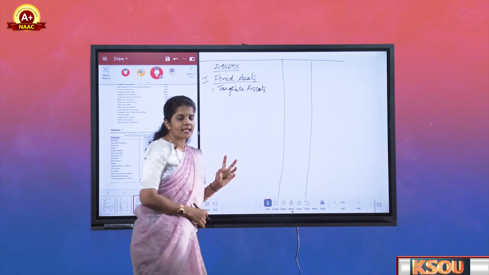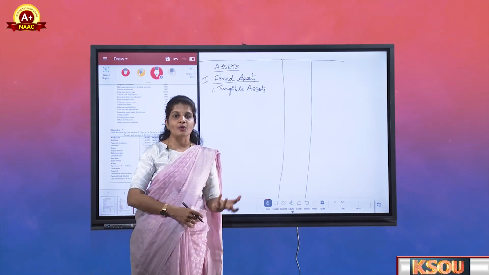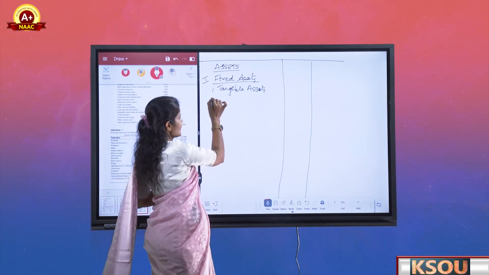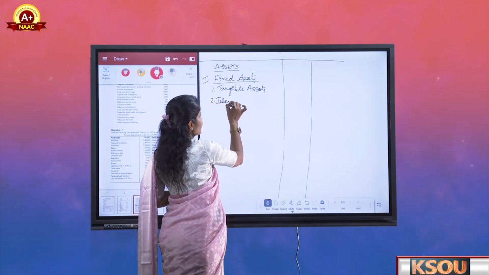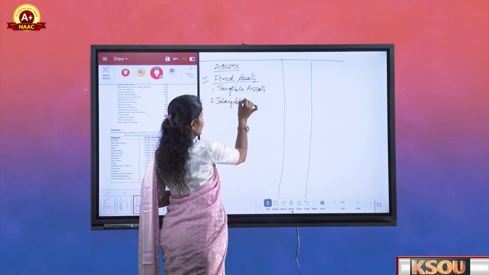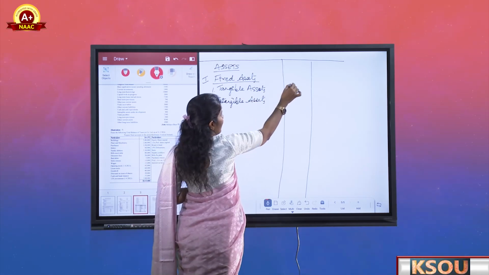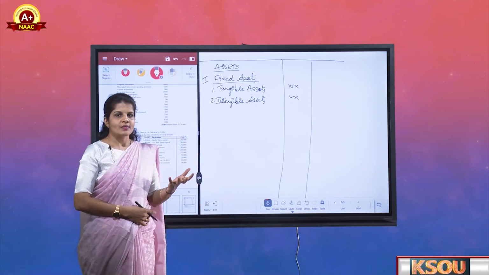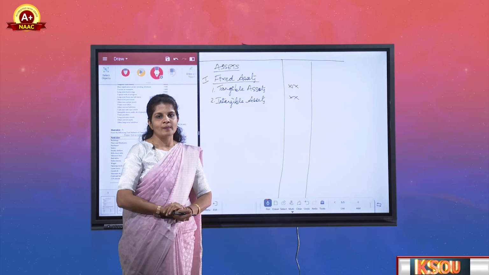Fixed tangible assets can be land and building, plant and machinery, furniture and fixtures, motor cars. All these are called tangible assets. Intangible assets are things like goodwill, trademarks, patents, copyrights.